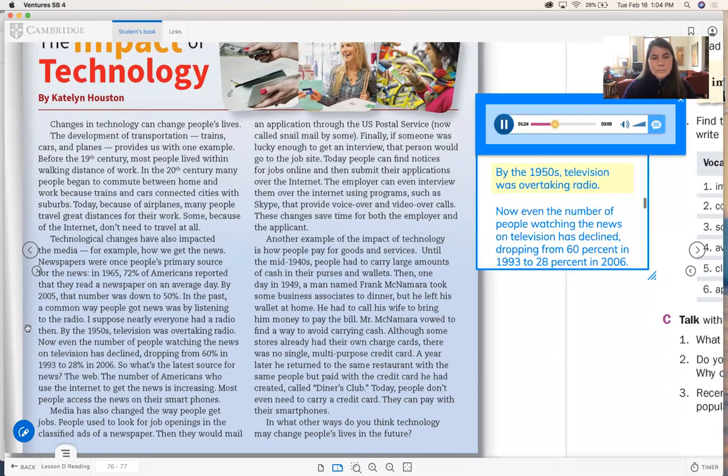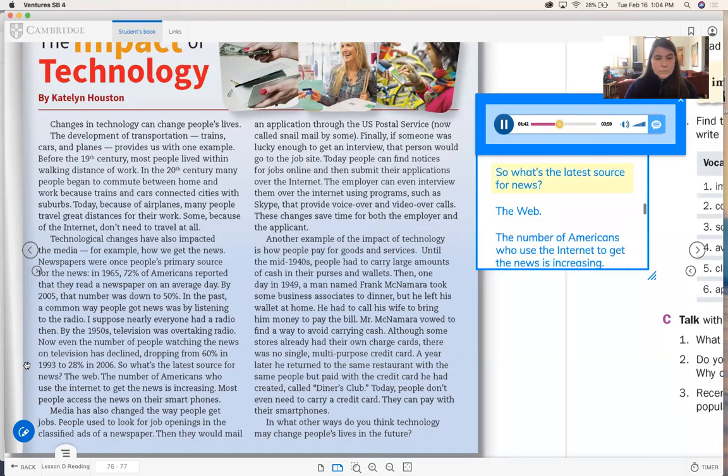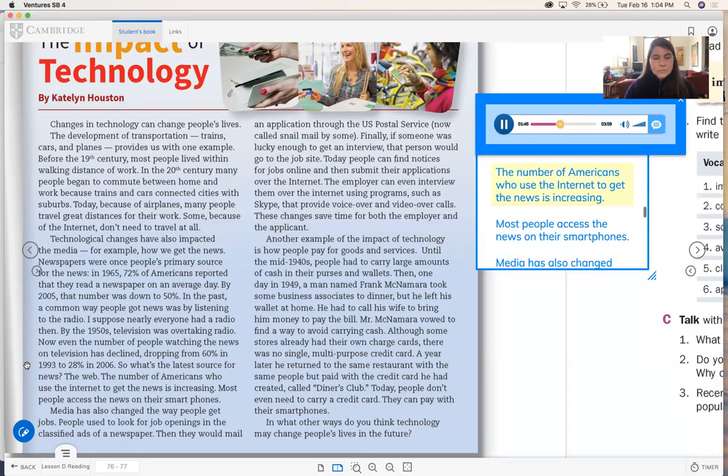By the 1950s, television was overtaking radio. Now, even the number of people watching the news on television has declined, dropping from 60% in 1993 to 28% in 2006. So what's the latest source for news? The web. The number of Americans who use the internet to get the news is increasing. Most people access the news on their smartphones.